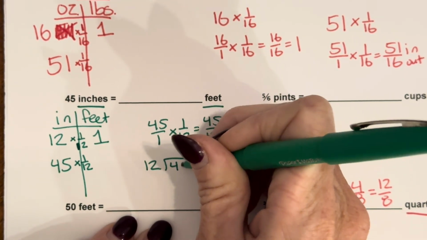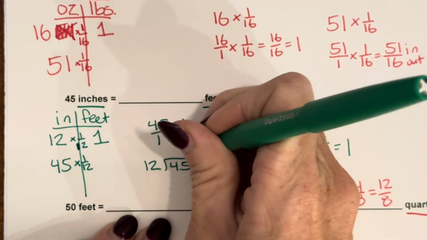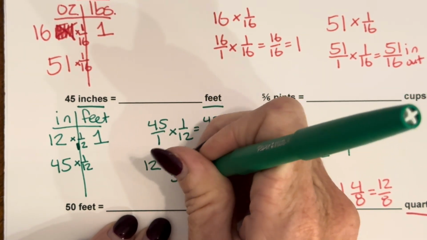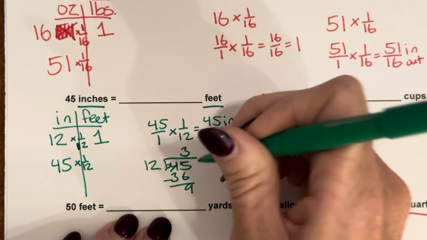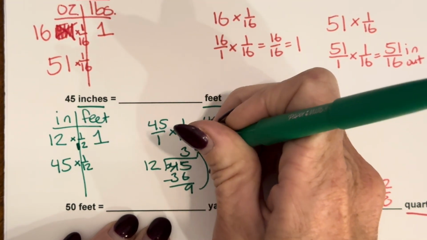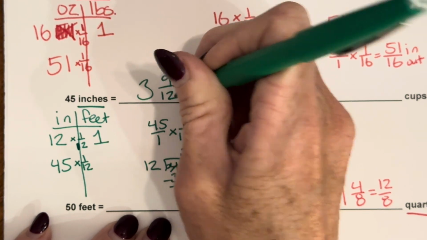How many groups of 12 can I make with 45? 2 groups of 12 would be 24, 3 groups of 12 would be 36, and 4 groups of 12 would be 48. So we could make 3 groups, and when we subtract, we get 9. So our answer is 3 9/12.